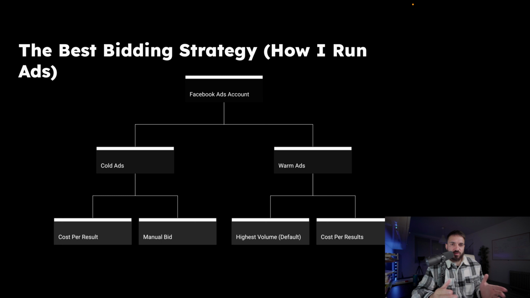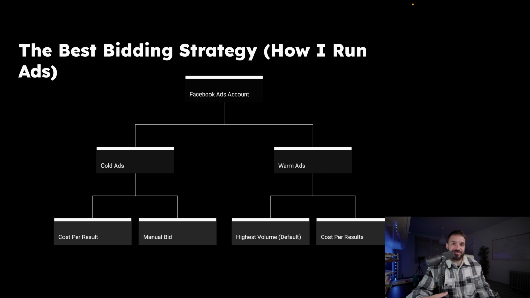Another point I would like to make here is that different bidding strategy will work different on cold ads and warm ads. And my personal preference is that for cold campaigns, I usually use cost per result or bid cap. Of course, I always test highest volume, but those are the bidding strategies that work the best for cold ads. When I set warm ads, I usually use the highest volume because I want to spend the budget.